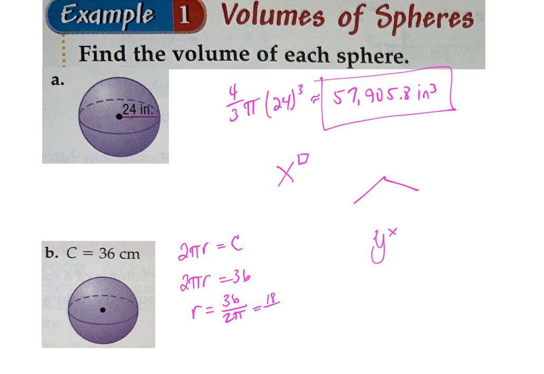Or 18 over pi. And then you can just plug the 18 over pi into your formula, 4/3 pi r cubed. So many formulas. Right. So when you plug that in, there we go. Easy enough.